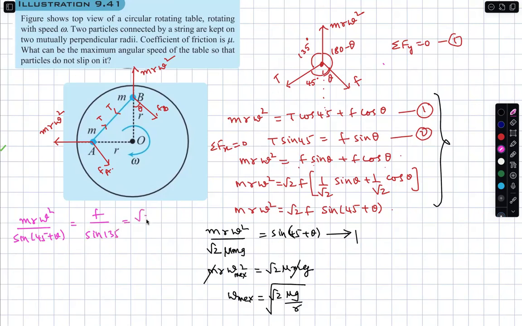This is nothing but root 2F, which means M R omega square by root 2F is sin 45 plus theta. Where did you get this from? Lami's theorem. It was done in one step.